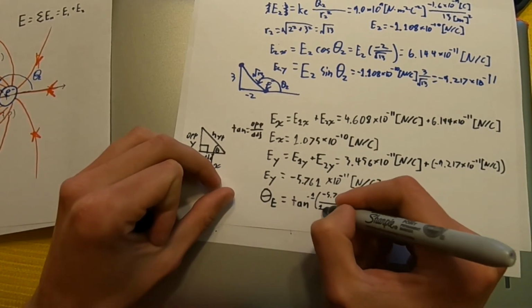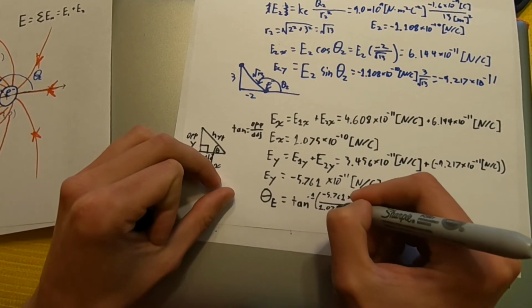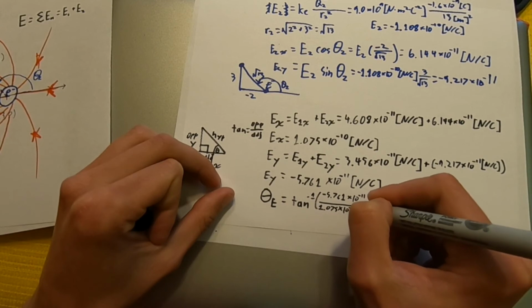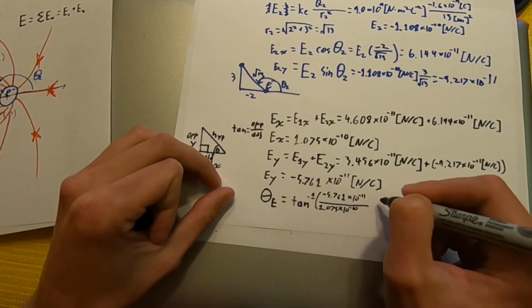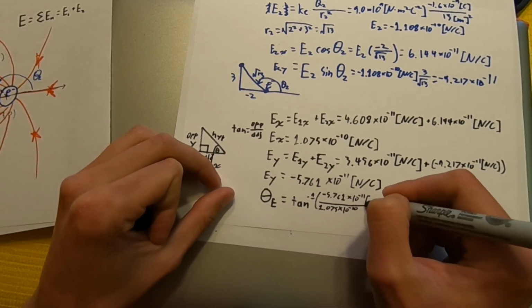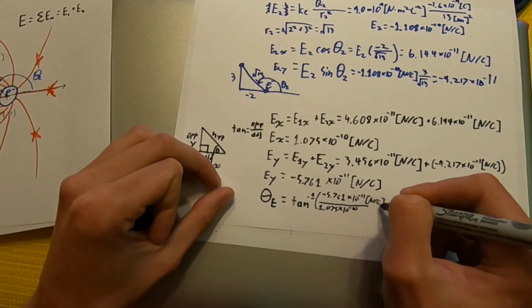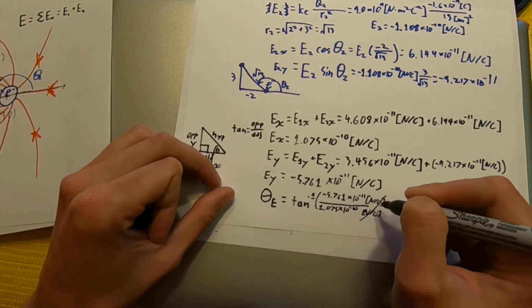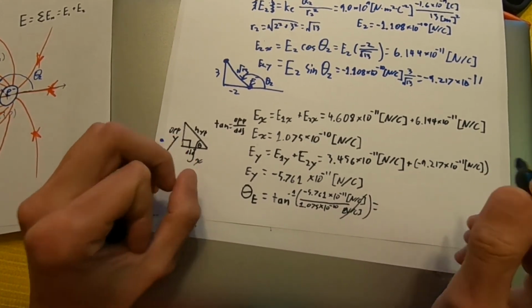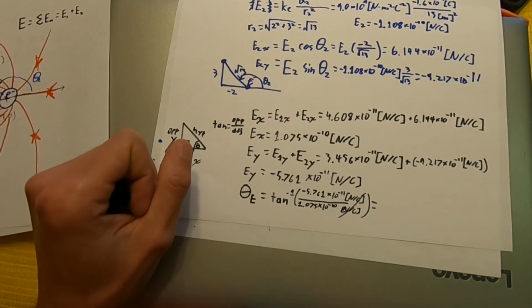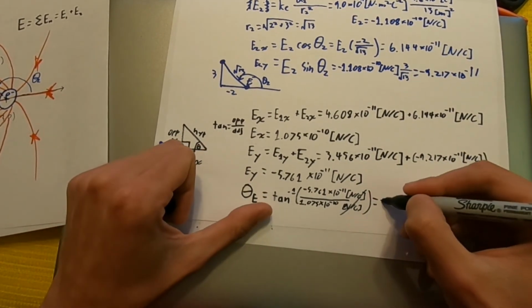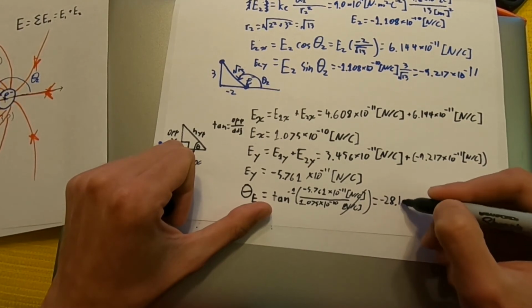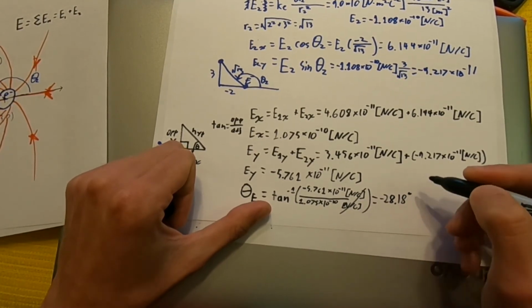Over 1.075 times 10 to the negative 10th, which equals negative 28.18 degrees.